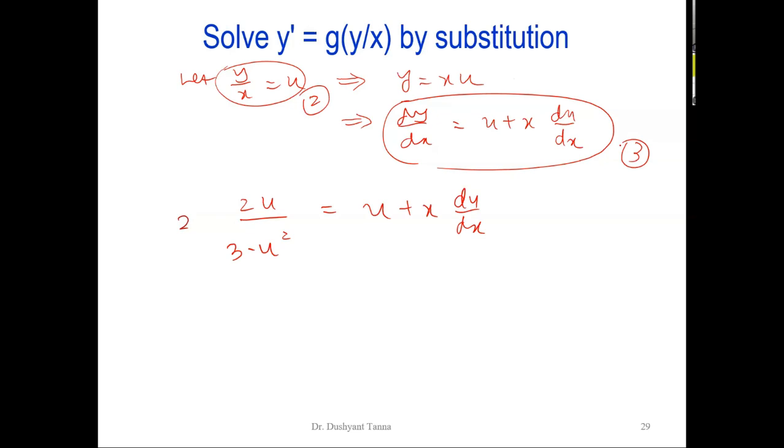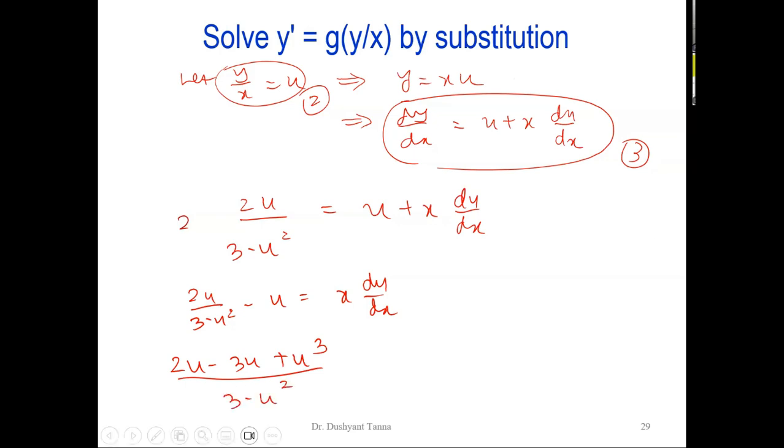Take the u on the other side. So 2u over 3 minus u squared minus u equals x du over dx. Simplify where you can. 2u minus 3u plus u power 3 over 3 minus u squared.